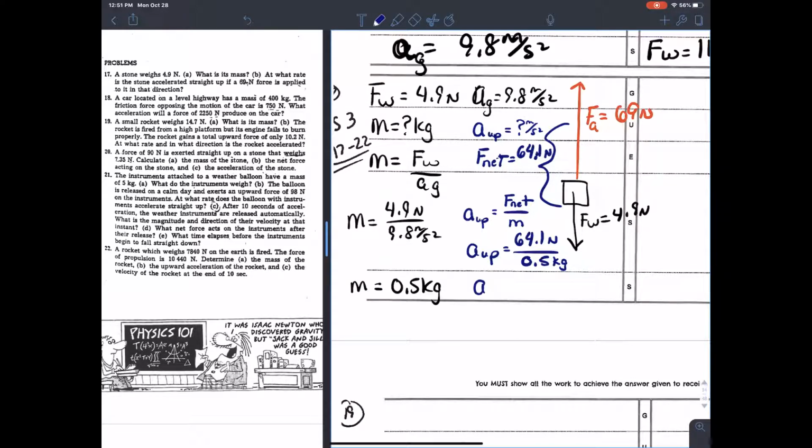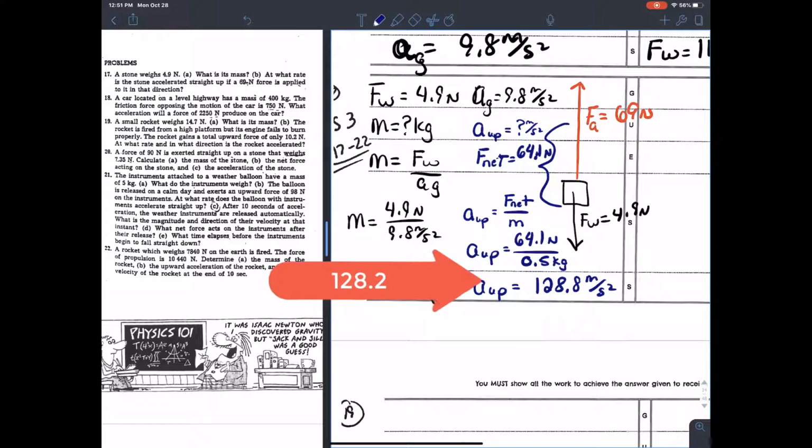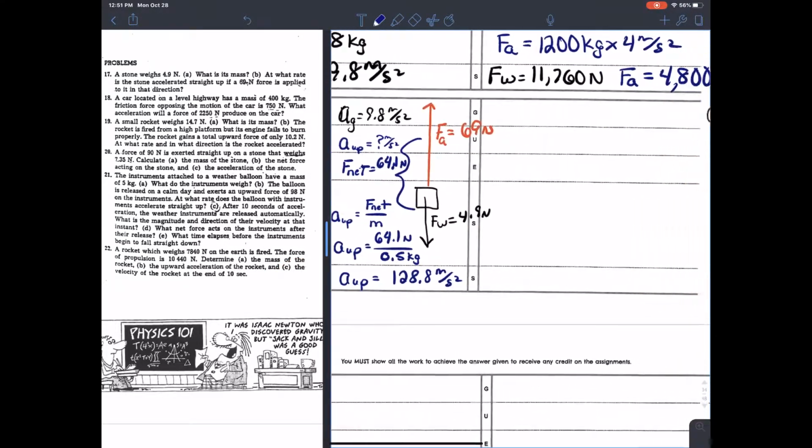So the acceleration upwards of this stone, once we put that into the calculator, is going to come out to be 128.8 meters per second squared. So that's one heck of a throw is what that would be. All right, we're done with that one.